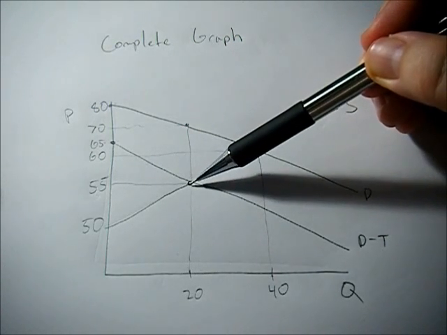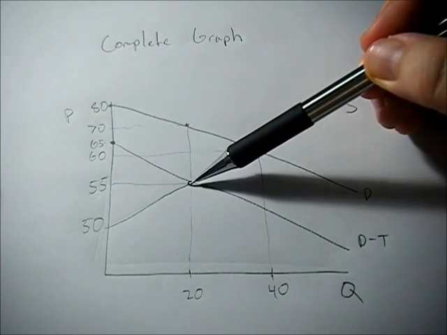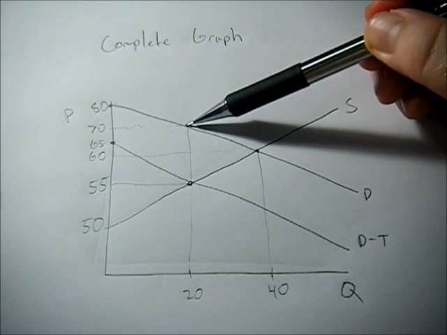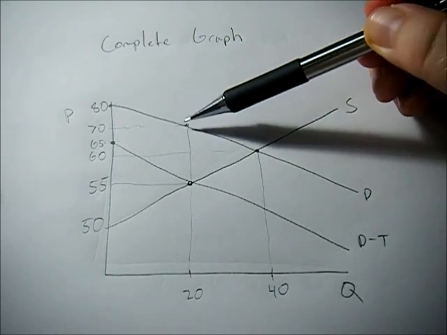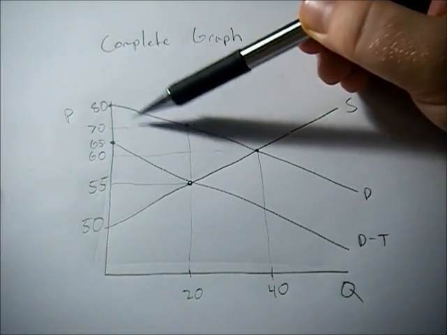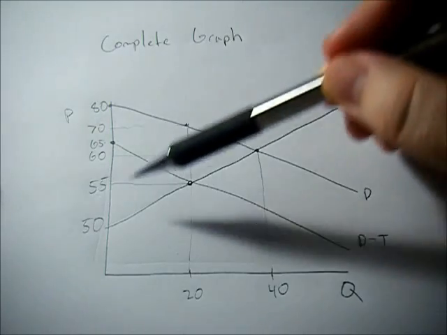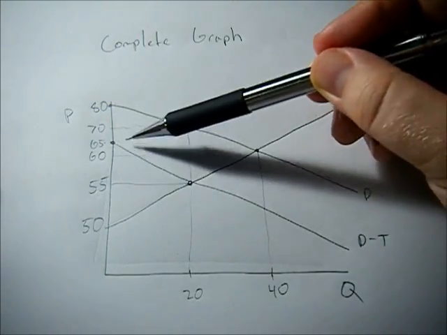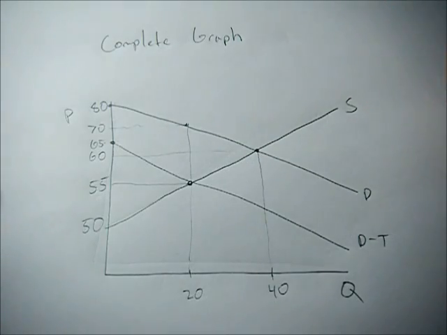After they introduce the tax, this is our new equilibrium value. So this is the price received by producers, but this is the price paid by consumers. So the consumer surplus is now only this area. The producer surplus is now only this area. And this area right here is the tax revenue.